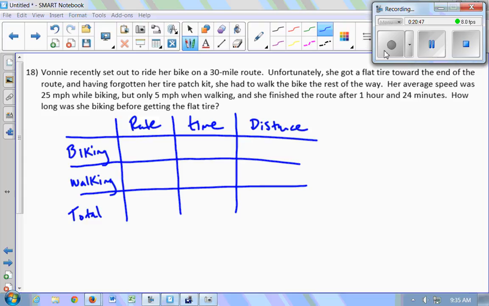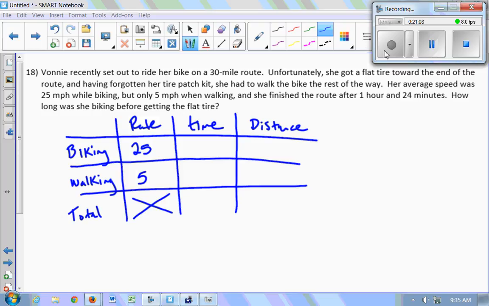So let's see, biking, her rate was 25 miles per hour, and walking it was 5. And you can't have a biking and walking, you can't do the two together, right? So this block doesn't even make sense in this case. I guess you could come up with an average, but it's not going to help us.